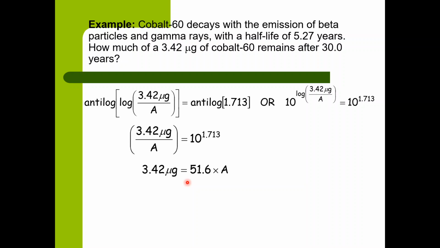And now you guys should know what to do here. We have to divide both sides by 51.6 to get A by itself. And so once you do that, you'll get your answer: A is equal to 0.0662 micrograms.